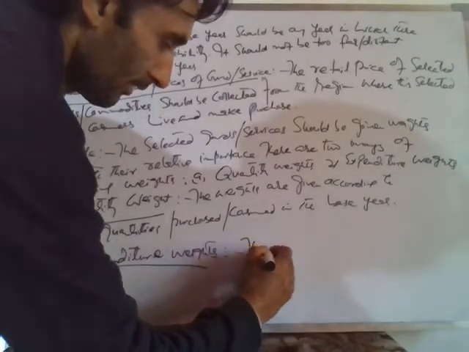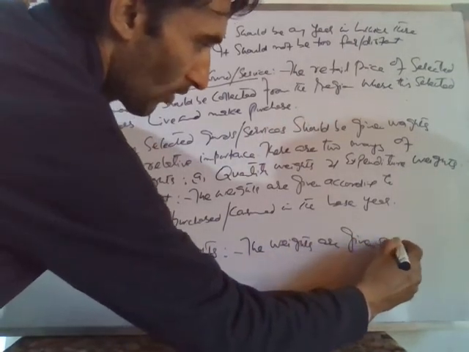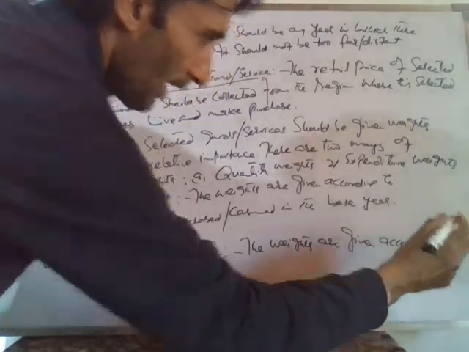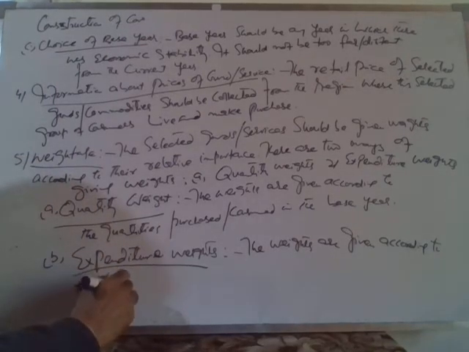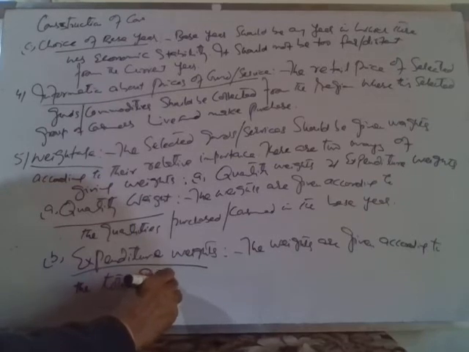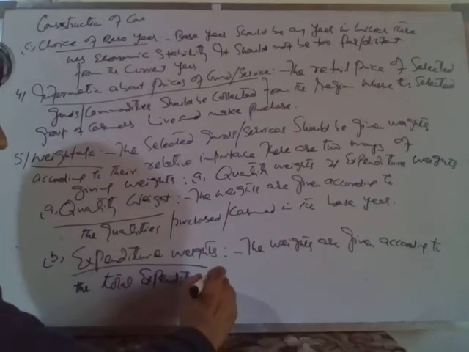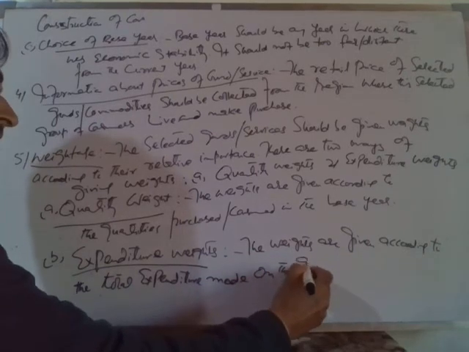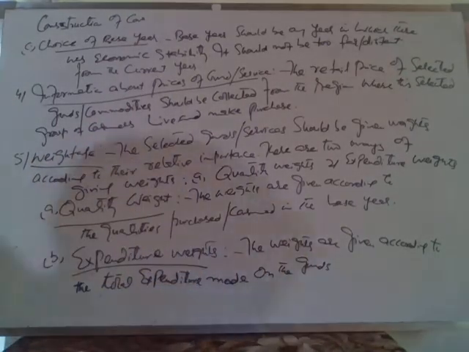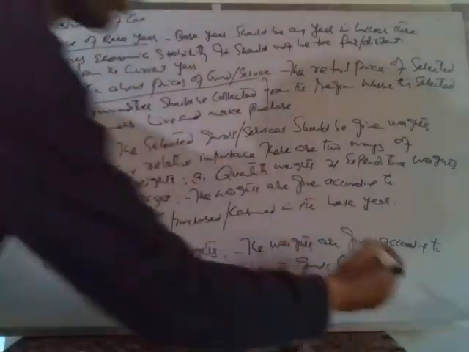The weights are given according to the total expenditure made on the good purchased and consumed in the base year.